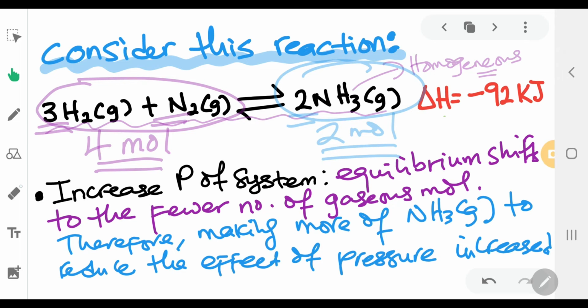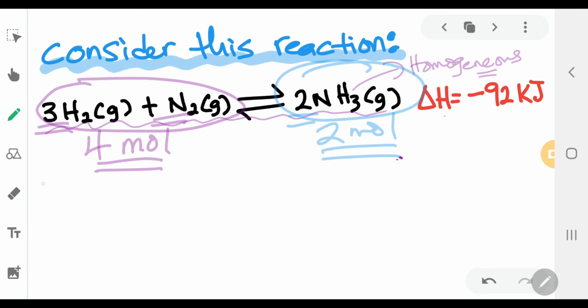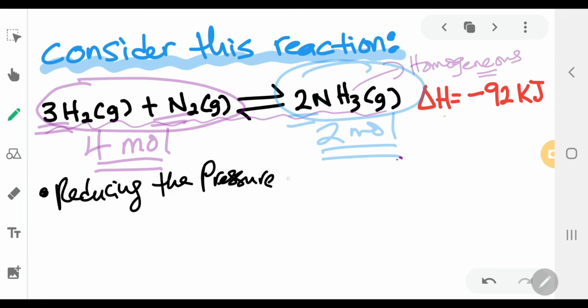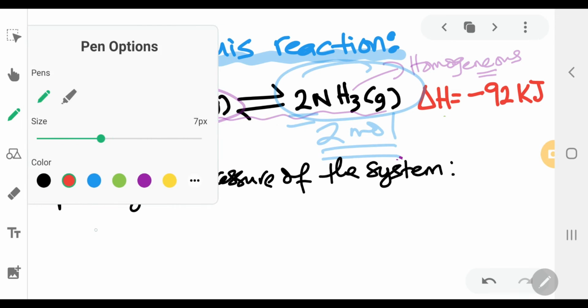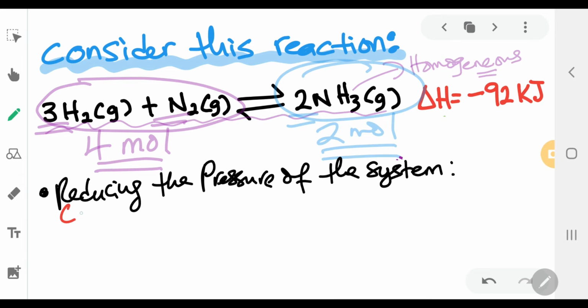If we reduce the pressure, what happens? When you reduce the pressure of the system, you are also increasing the volume.